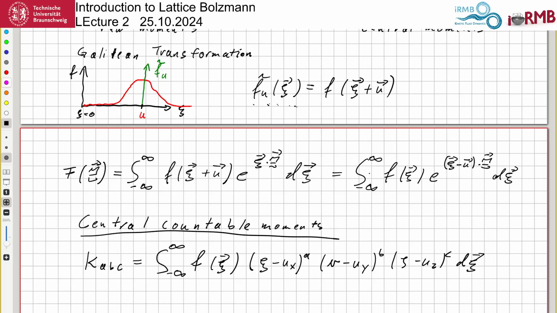Now, we declare by definition that the moment is central. So if you go into the moving frame, what is the velocity that you measure if you are in the moving frame? It is 0, right? So then we define that k100 is the momentum, the first moment in the direction x.